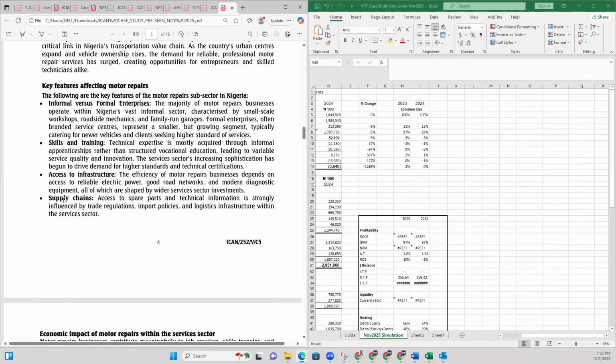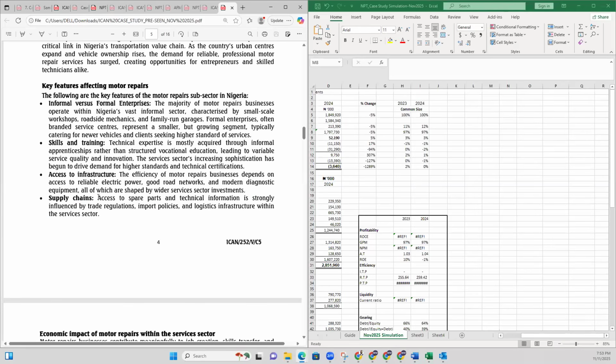And then the other thing is supply chain. The big boys that have repair centers probably have direct connections to import raw materials from Japan and all those countries that are big in those areas.